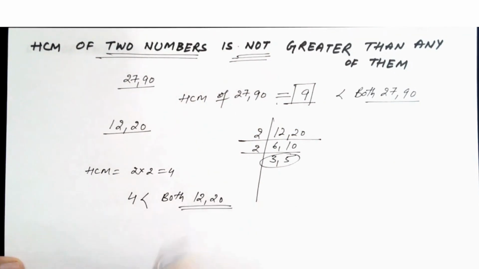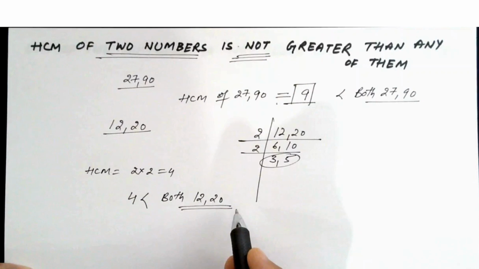So you got the idea that whenever you find the HCF of two or maybe more numbers, it will always be less than all of those numbers, because it is a factor of all of those numbers. That's why it will always be lesser than.